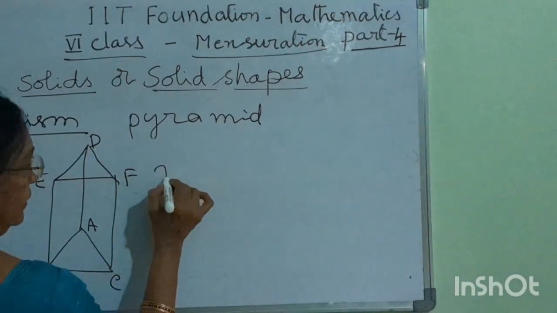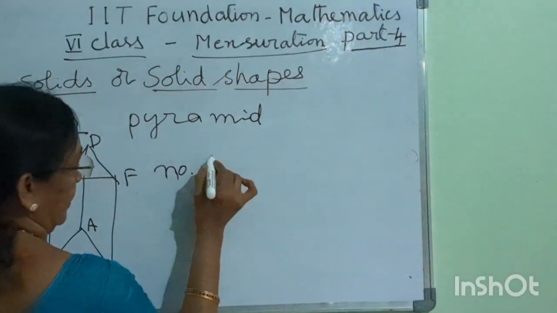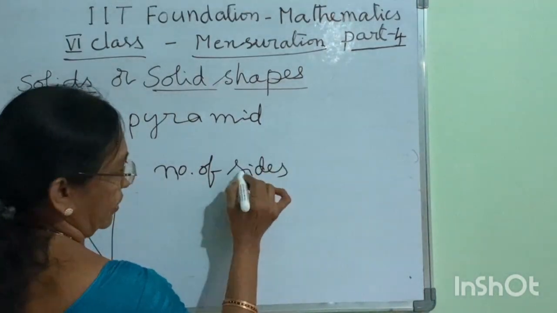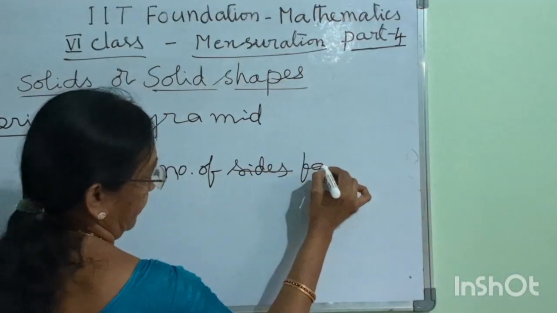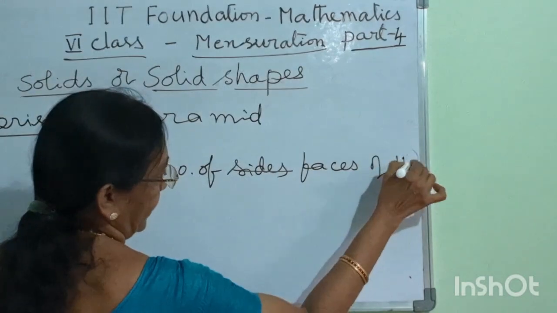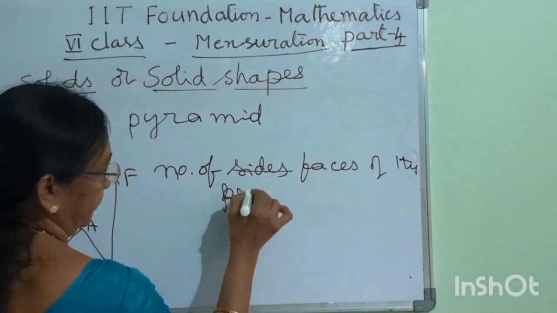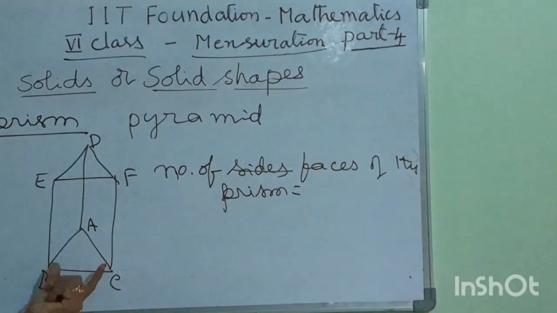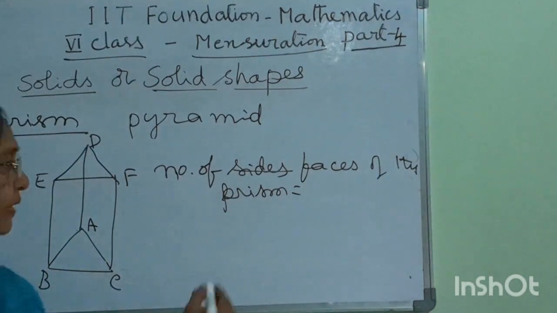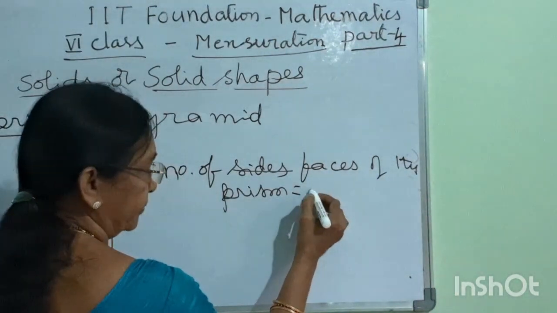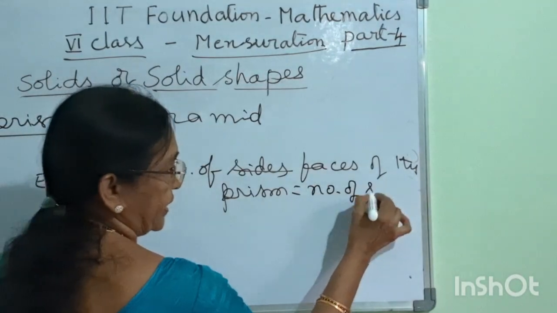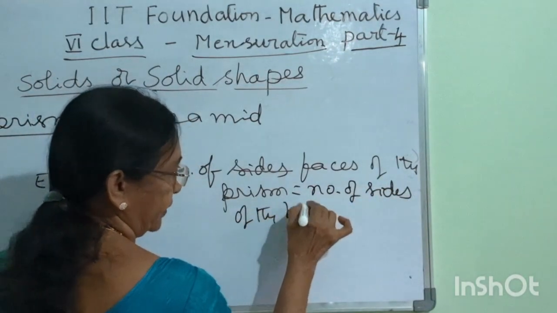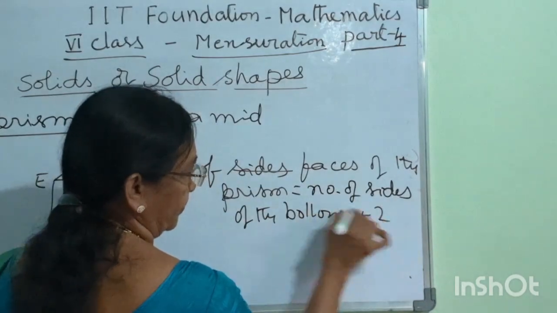The number of faces of the triangular prism is equal to the number of sides of the bottom plus 2.